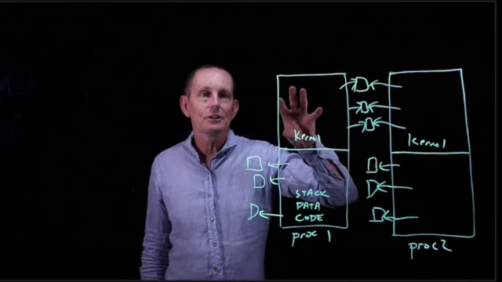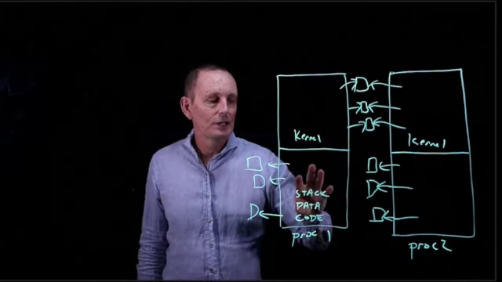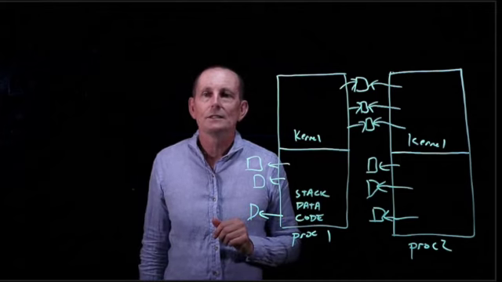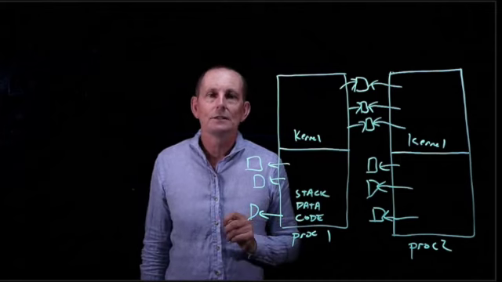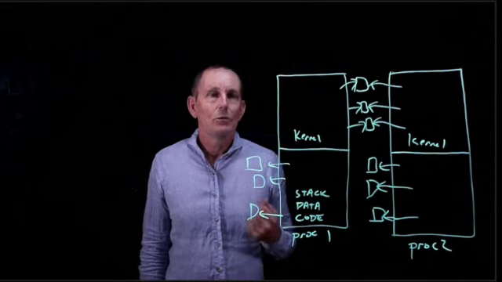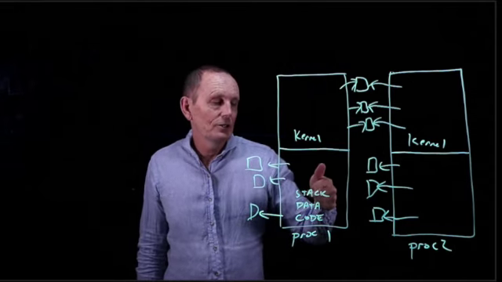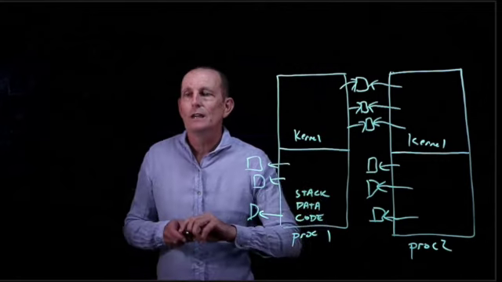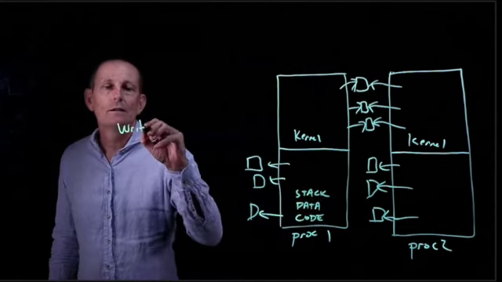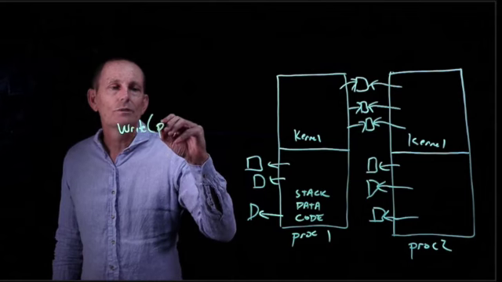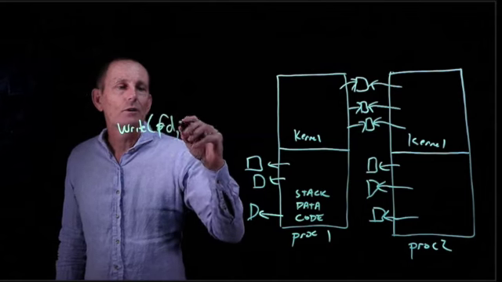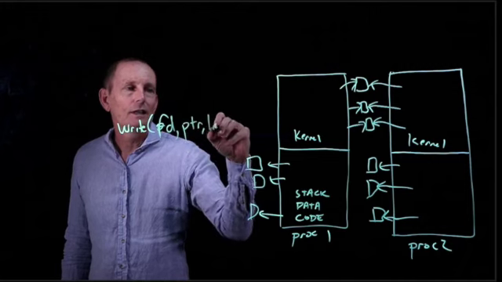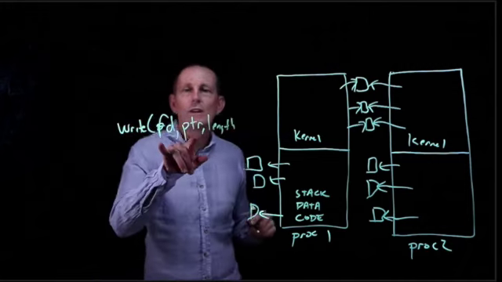That also allows the kernel to read and write to the process's portion of the address space. Why would that be necessary? Well, for example, we want to read and write parameters. So if we have a write call where we pass a file descriptor, a pointer, and a length, first off, where are these going to be stored?